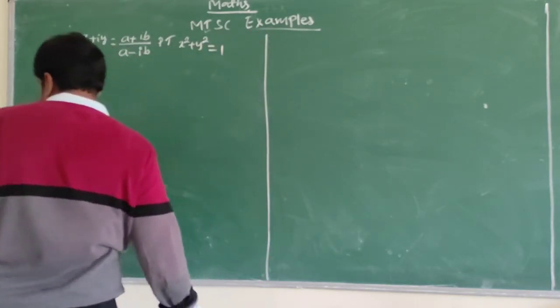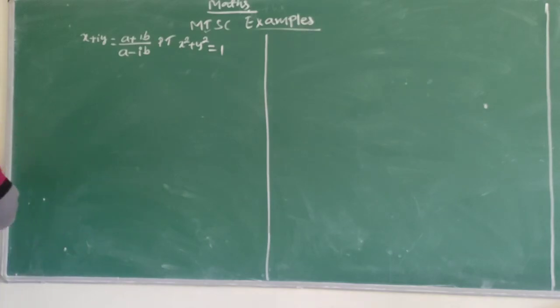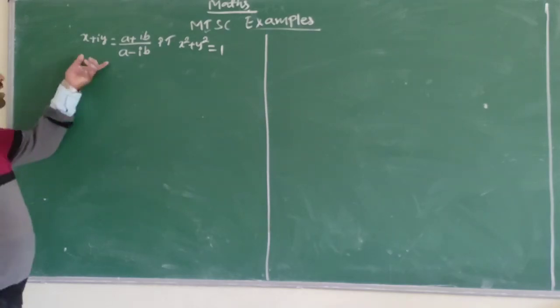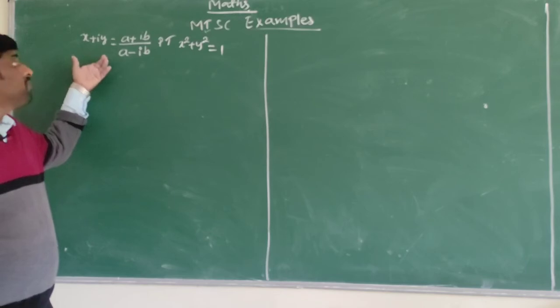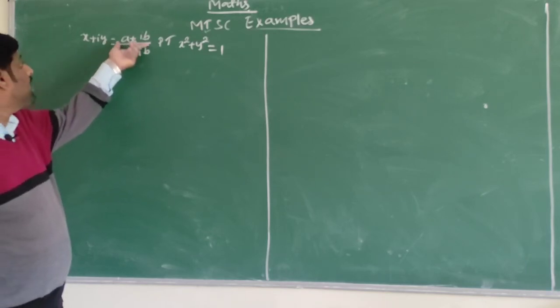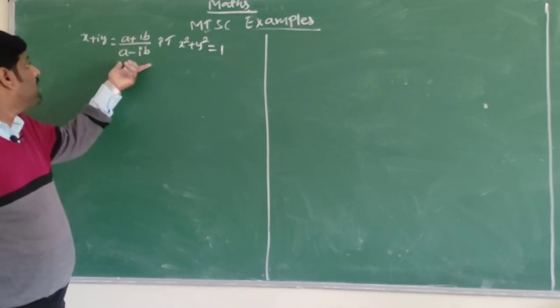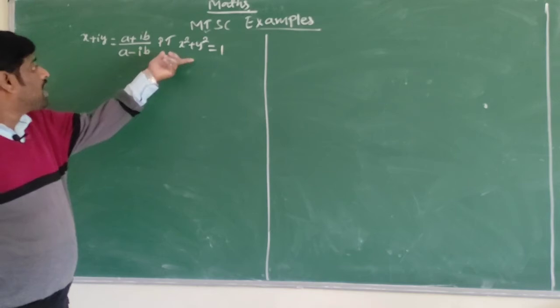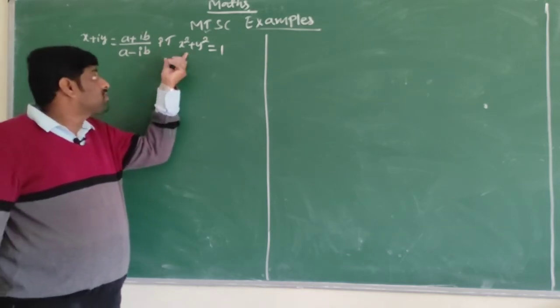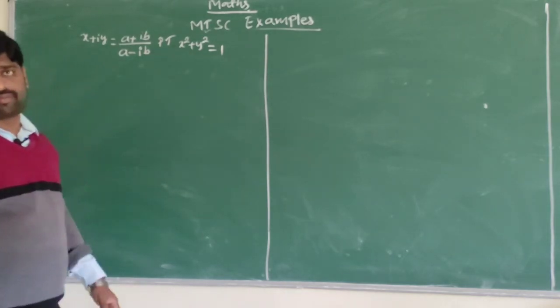Very important, this one. So here x plus iy equals a plus ib divided by a minus ib, and again you have to prove that x square plus y square equals 1.